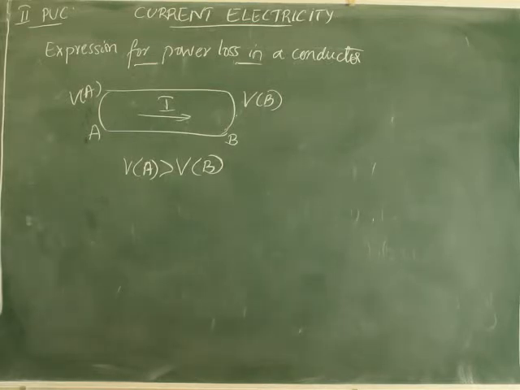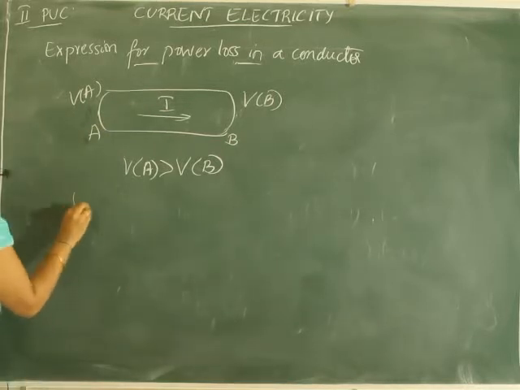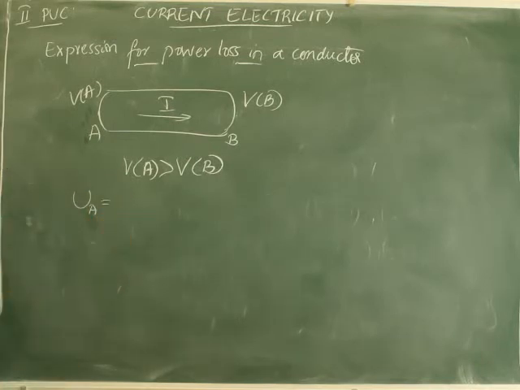Now, what I want to say is, what is the potential energy at A? The potential energy at A, shall I write it as U_A, is equal to, we have derived an expression, we know what the potential energy is.